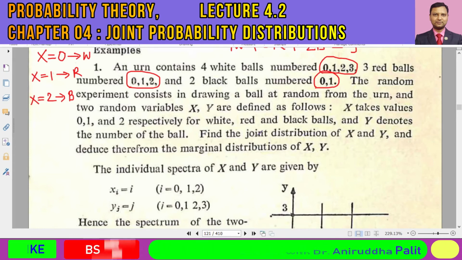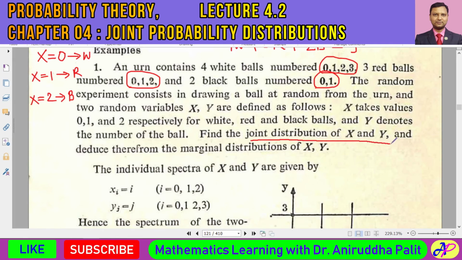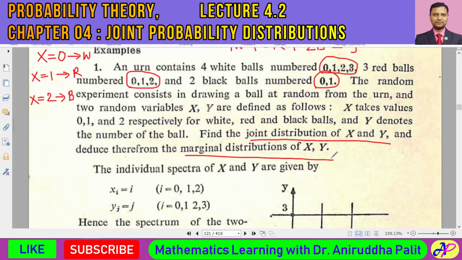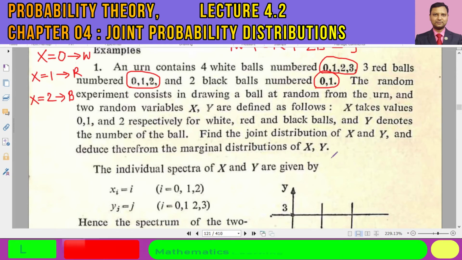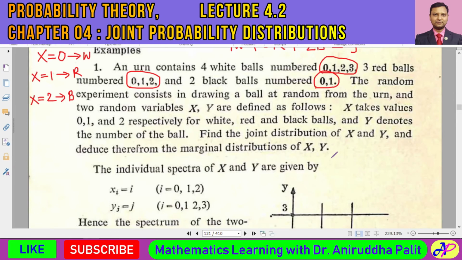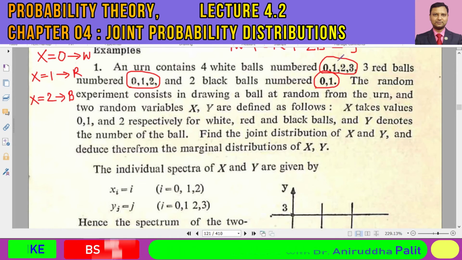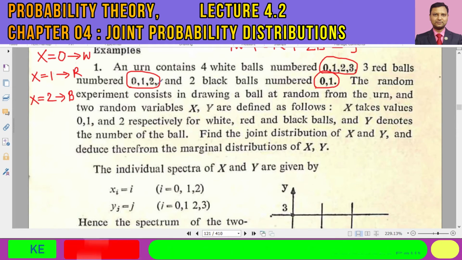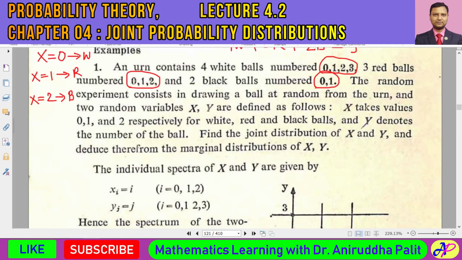Now we have to find the joint distribution of X and Y and deduce therefrom the marginal distributions of X and Y. Along with this result, we shall see that X and Y are not independent random variables. It is clear that X takes the values 0, 1 and 2, and Y may at most take values up to 3: 0, 1, 2, 3, or maybe 0, 1, 2, or maybe 0 and 1 in different cases.